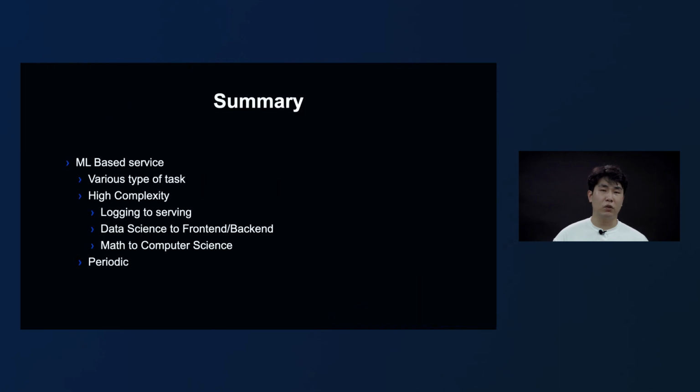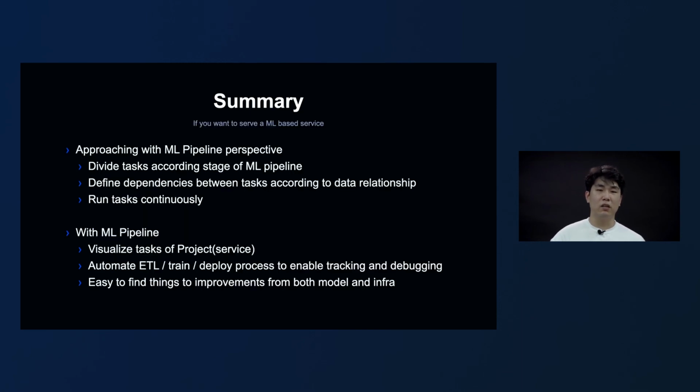Because we are near the end, to summarize, as you saw from the previous examples, machine learning-based services are essentially composed of many complicated tasks with dependencies upon each other, and these tasks have to be viewed from a pipeline perspective, in order to separate each task, organize the dependencies, and make sure they can be executed periodically and continuously.